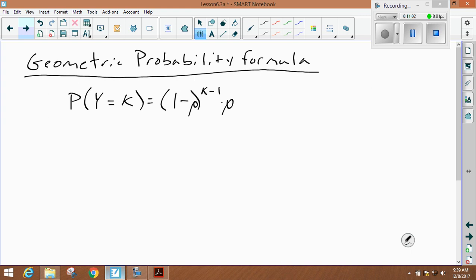And of course p is your probability of success, and k is your number of trials.